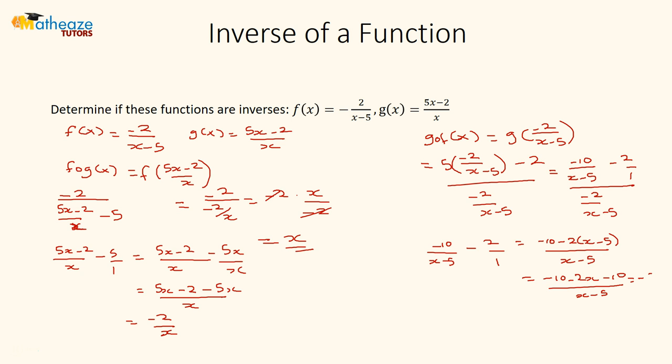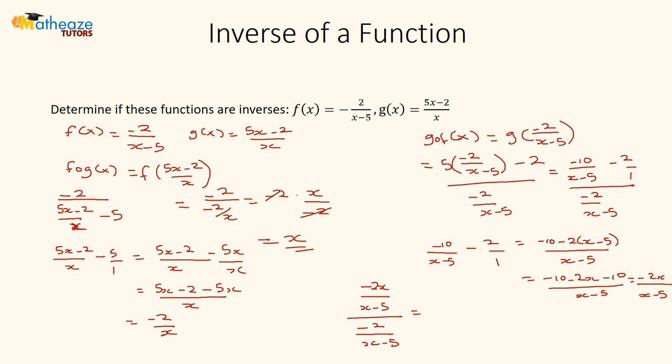So this is minus 2x over x minus 5. So now that is what the numerator becomes. So we have minus 2x over x minus 5 divided by minus 2 over x minus 5.